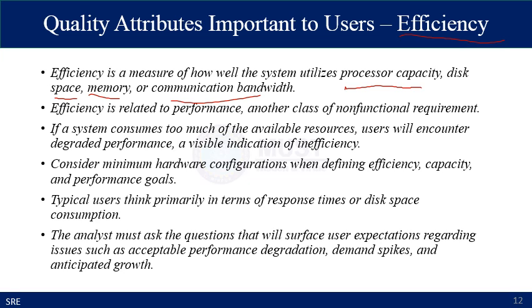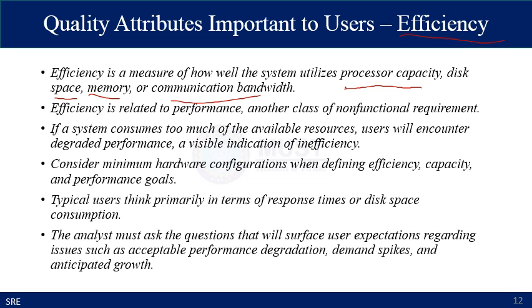If a system consumes too much of the available resources, the user will encounter degraded performance and a visible indication of inefficiency. So we would like a system which uses very little time to perform our task and the least amount of resources, in terms of time, space, computation, or even bandwidth.